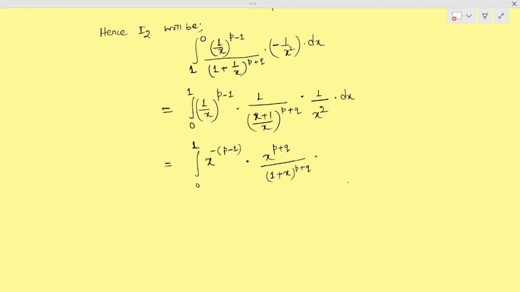Here this x will be moved to the numerator, it will be x to the power minus 2 dx.